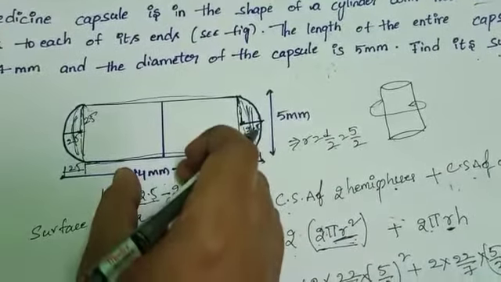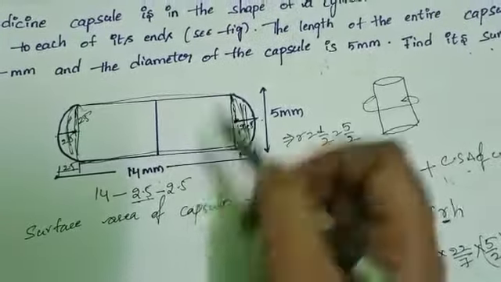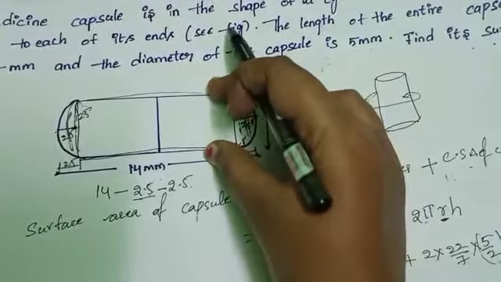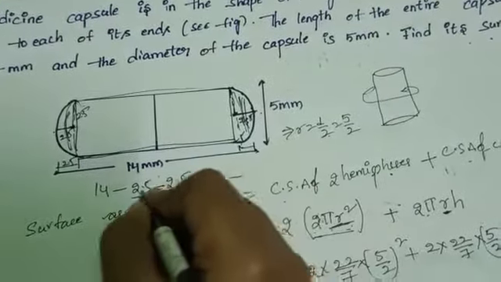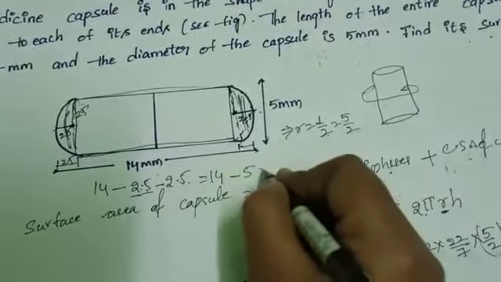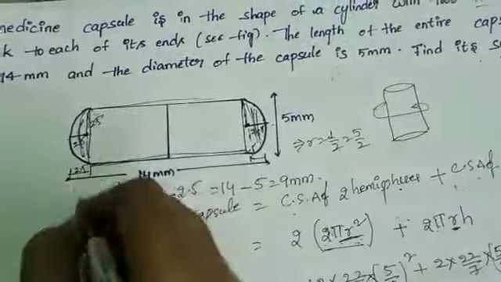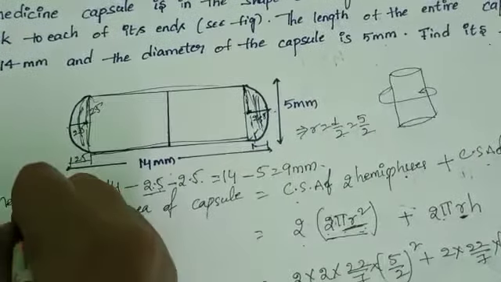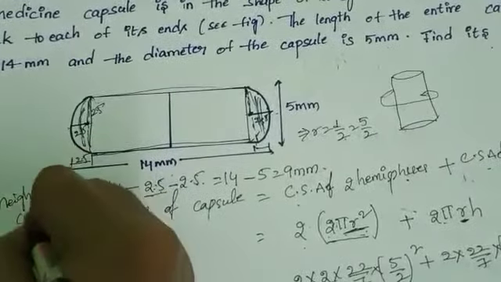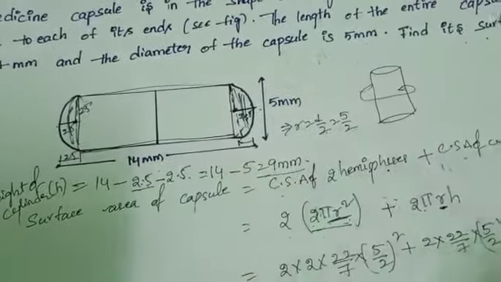So 14 mm minus 2.5 minus 2.5 gives the height of the cylinder, which is equal to 9 millimeters. Therefore, h value equals 9 mm.